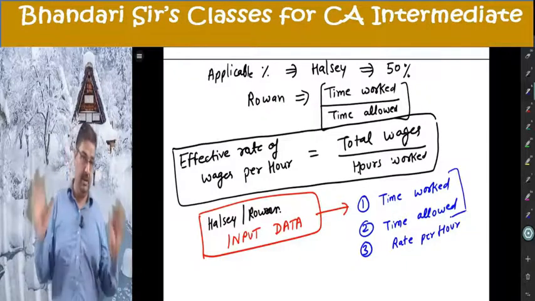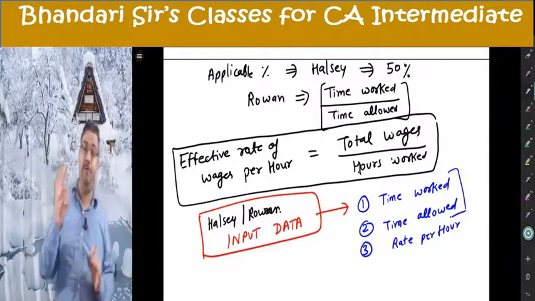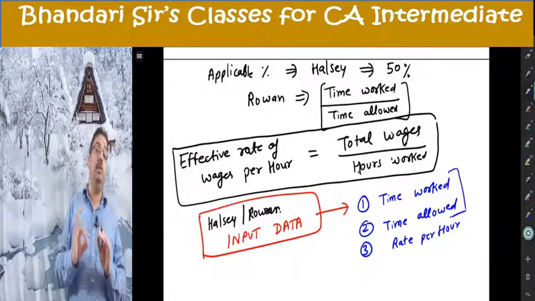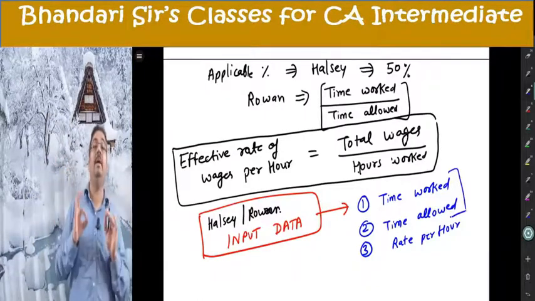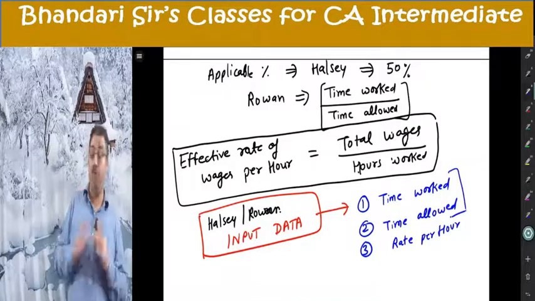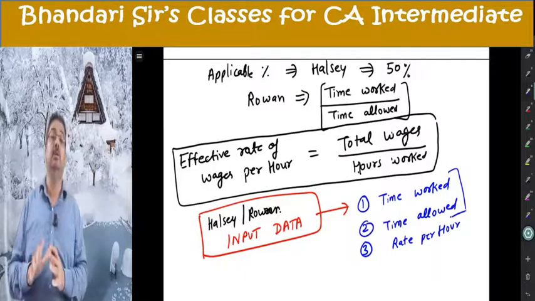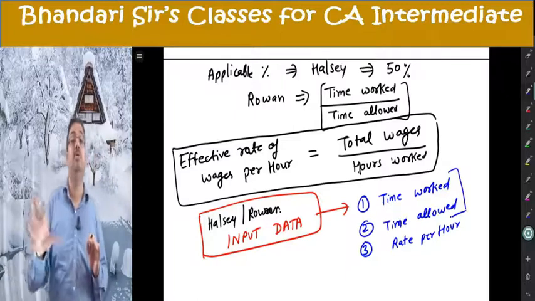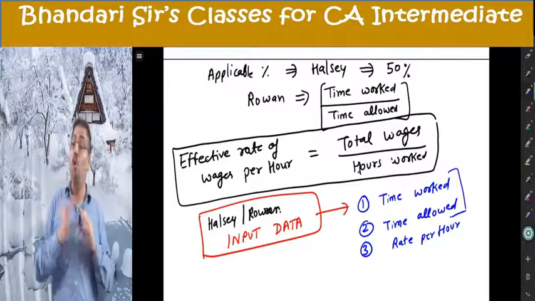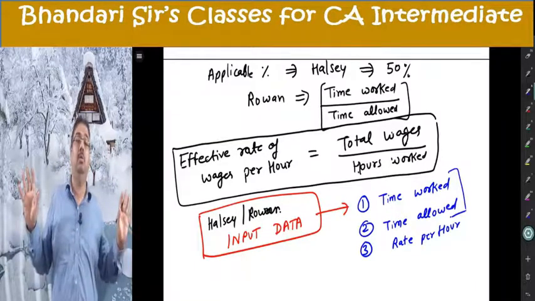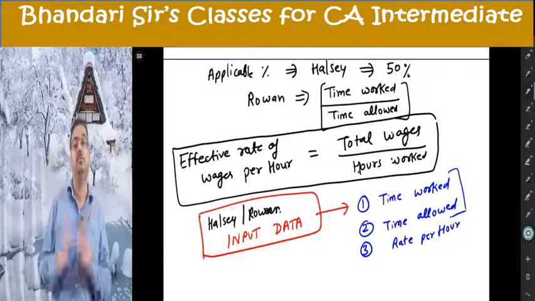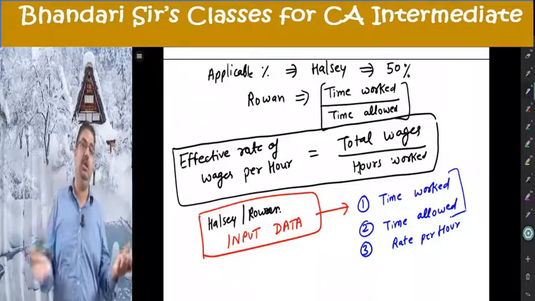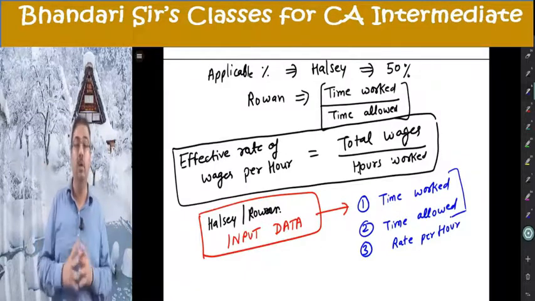The specified percentage is 50% for Halsey by default, and it's a variable proportion in Rowan, which is time worked by time allowed. If you remember this, 3 out of 4 recent exam questions can be solved. Most important concept in labor is this. I hope this much is clear. We'll be doing Halsey and Rowan questions when we reach them.